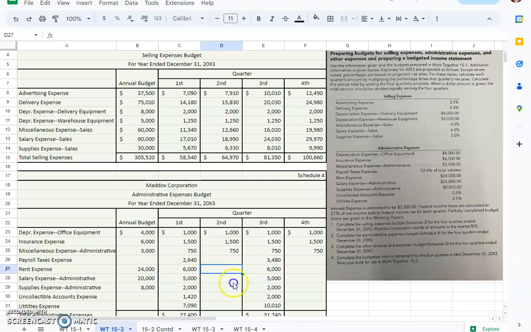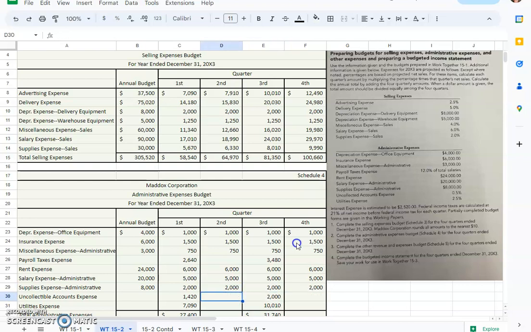Okay, 24,000 divided by 4 is 6,000. 20,000 divided by 4 is 5,000. And supplies expense, 8,000 divided by 4 is 2,000.